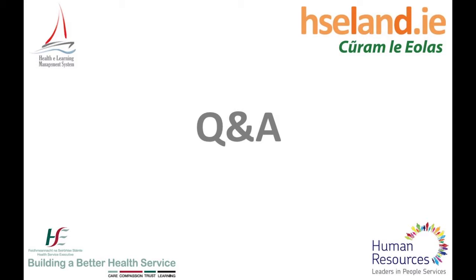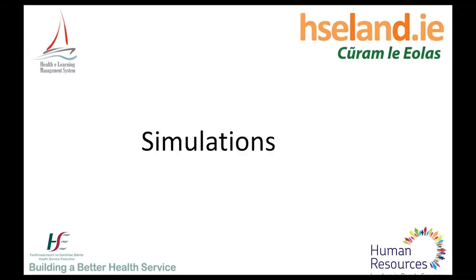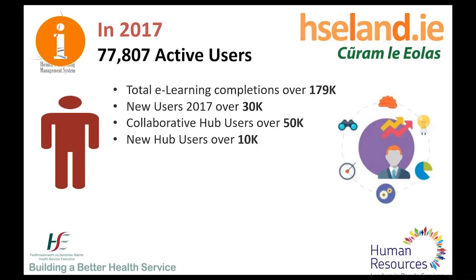Okay. So let me, when I can get this working, here we go. So a little bit of information about HSELanD during 2017. And again, the purpose of this is to just let you guys know, to confirm that HSELanD already enjoys a very widespread coverage throughout the country, throughout all of our services.